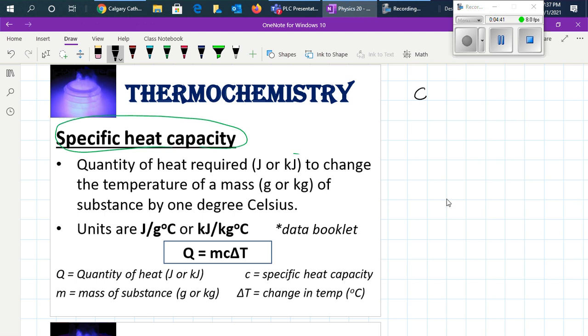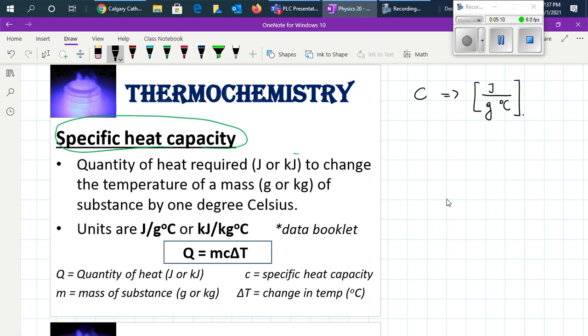It doesn't matter what material or substance it is. And the units for it are joules, because it's the energy required to increase 1 gram of this substance or of this surrounding by 1 degree Celsius.